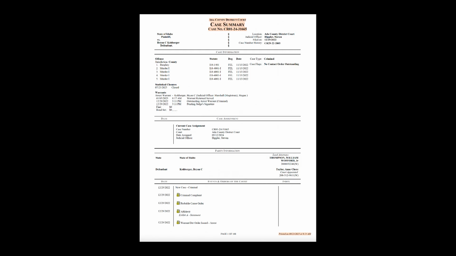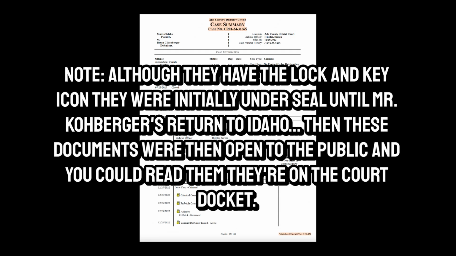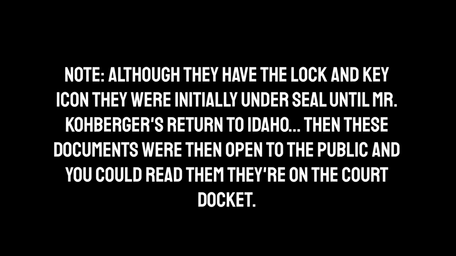And then if we go down to events and orders of the court, we see here, case was established on December 29th, 2022. There were 4 documents that were issued that day and documented on the case summary page. And although they have the lock and key icon, they were initially under seal until Mr. Kohberger's return to Idaho, and then these documents were then open to the public.